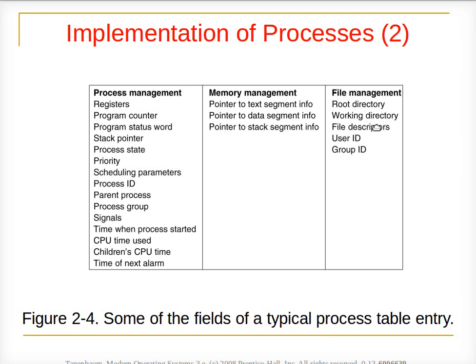The file descriptors are created as a kind of local copy of the global ones, and then user ID and group ID. So this is some of the fields. This is not an exhaustive list of all of the process bookkeeping. So you can see this is a lot of work if you are a kernel.